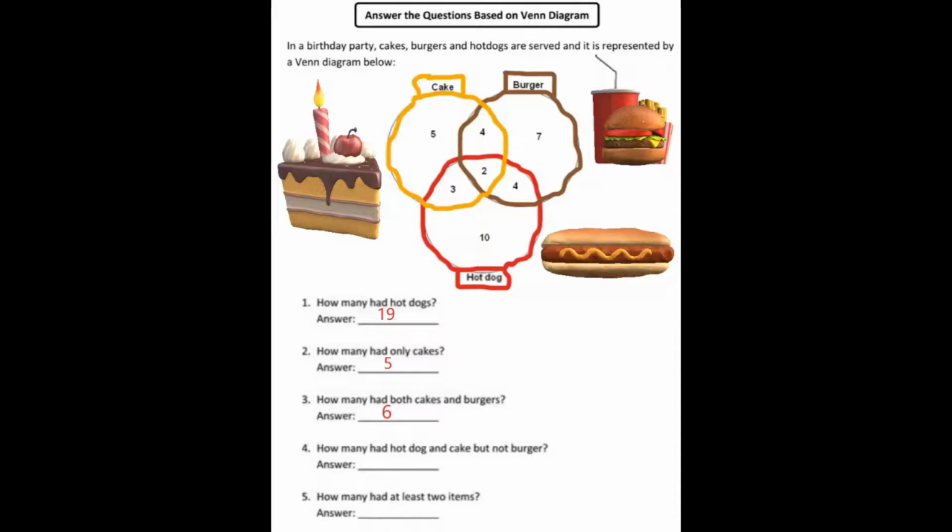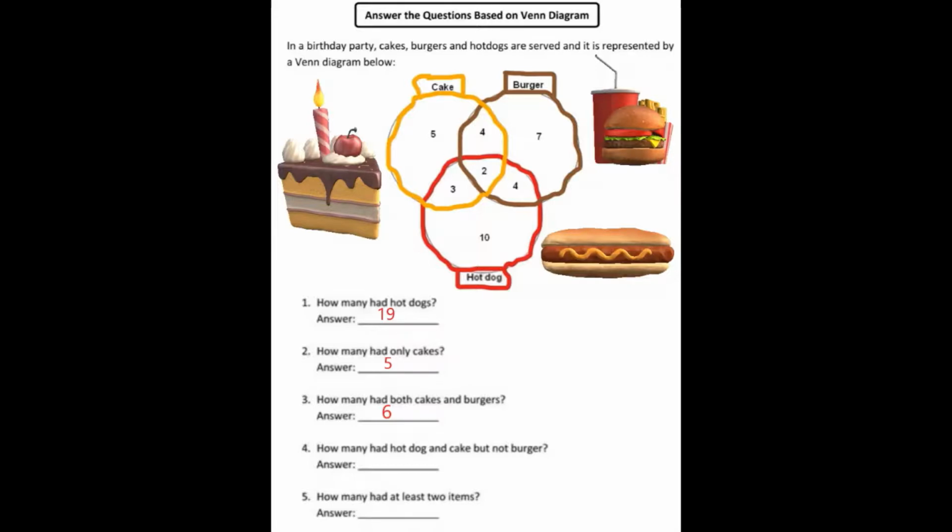Looking at question number 4, it says how many had hot dog and cake but no burger? So again, we're just looking at how many individuals had a hot dog and a cake, but they didn't have a hamburger.